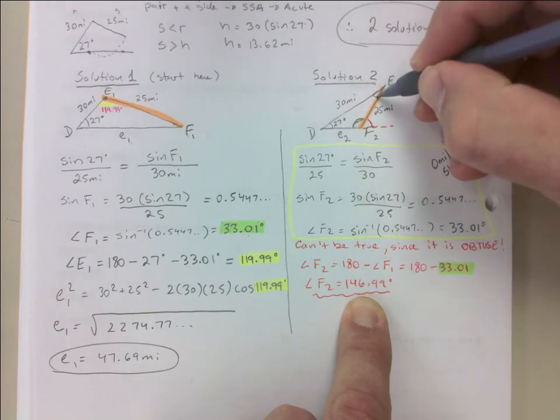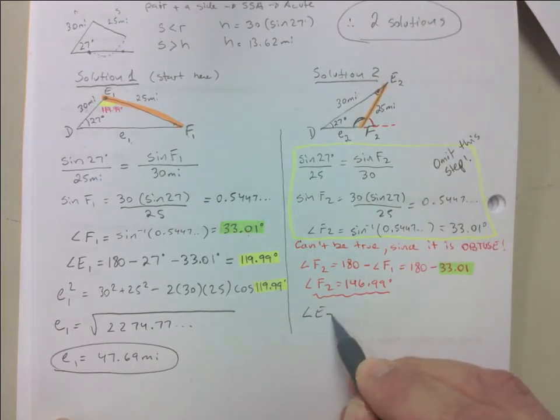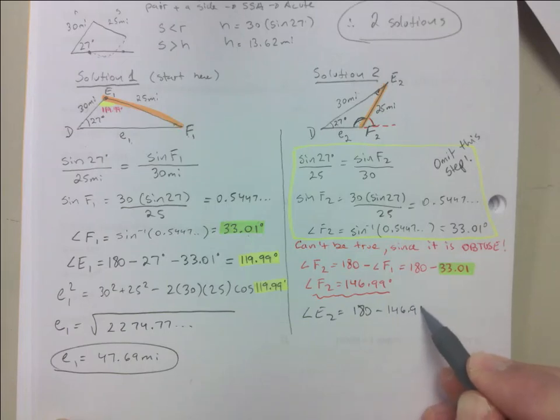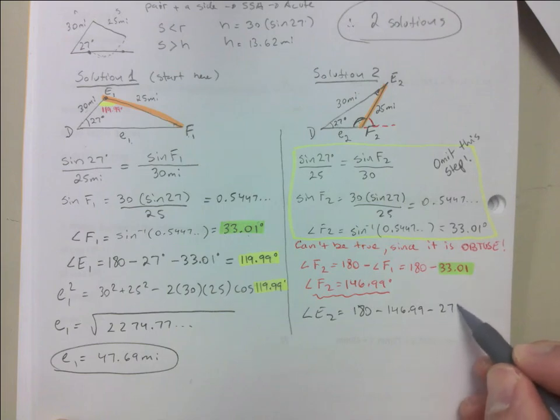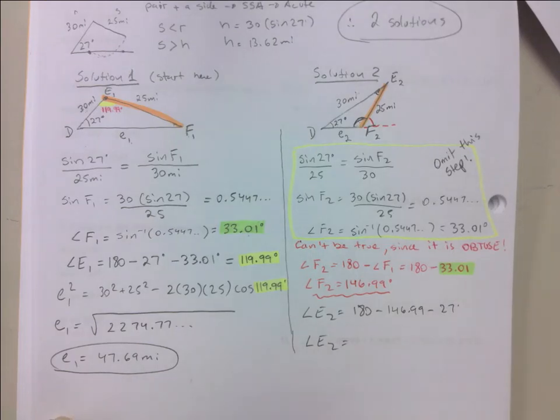Now E2 is just going to be found by using the sum of triangle. Okay? So let's do that one. Angle E2, 180 minus 146.99 minus the one I was given right from the get-go, which is 27 degrees. So let's do that.